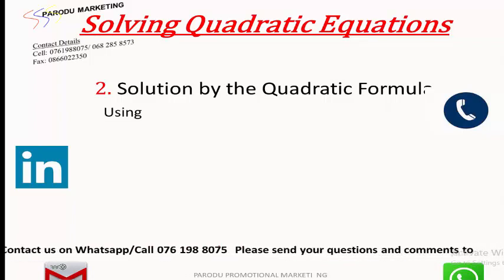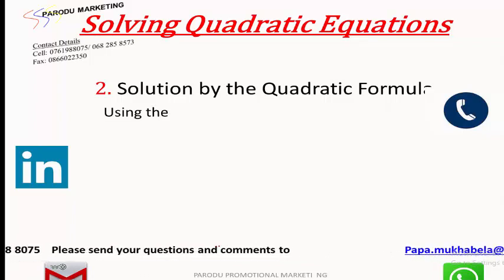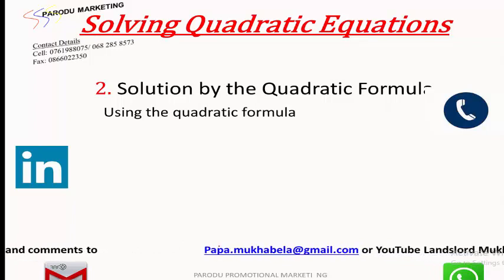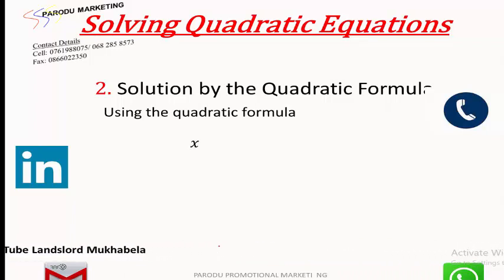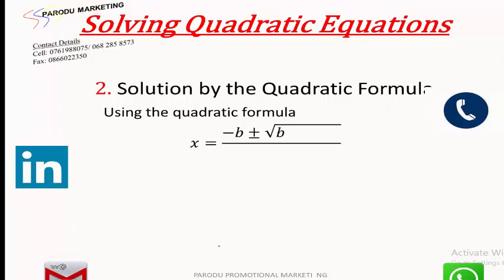So we all know the quadratic formula, right? The quadratic formula, it's always given in your exam sheet. It's at the back of it. It's quite long. X is equals to negative b plus minus square root of b squared minus 4ac, all that over 2a. So that's your quadratic formula.